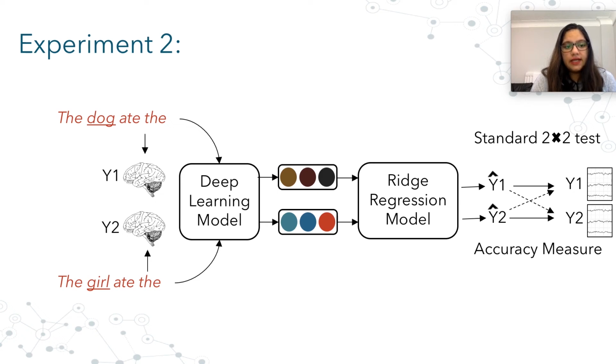So Y1 hat, which is for "the dog", can it be distinguished from "the girl" kind of input? This is a harder test, and if there's a high accuracy at a given point, then we understand that the deep learning model is keeping similar context as the brain.